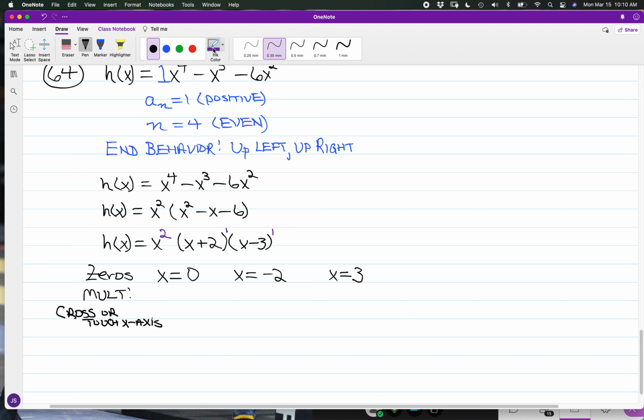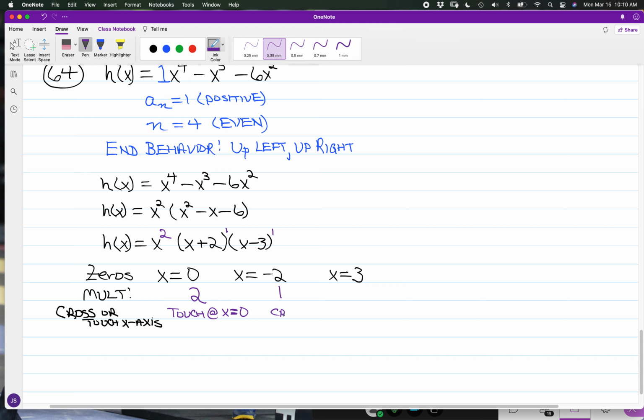Okay, now for the multiplicities, 0 stems from x, which is raised to the second. And it's at that location that the graph will touch at x equal to 0. And with x equal to negative 2, this stems from x plus 2, which is just to the first power.